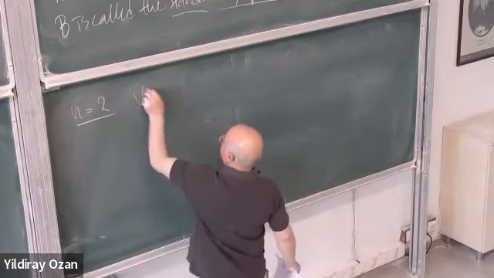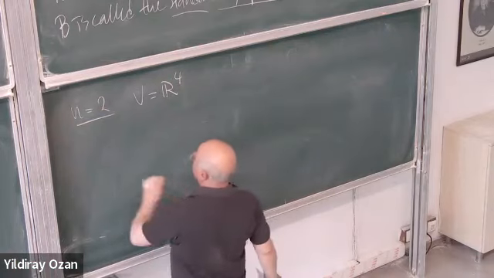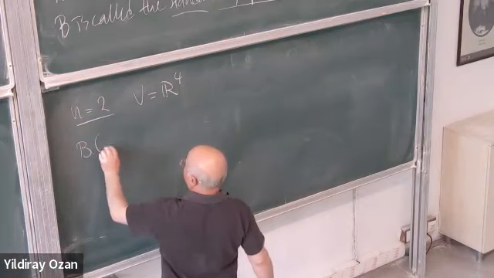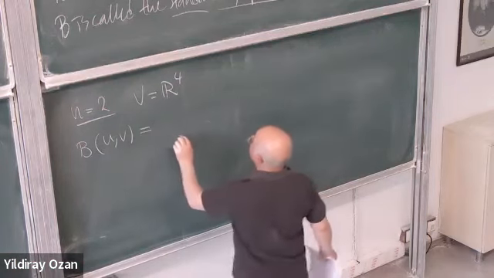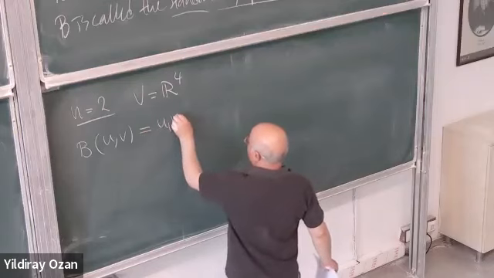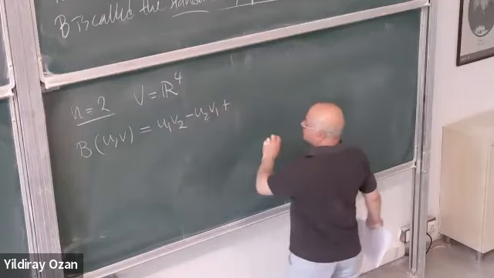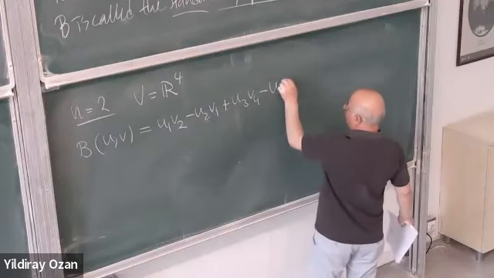Then this is just R4, okay? So B of UV, so two vectors in R4, this is just U1 V2 minus U2 V1 plus U3 V4 minus U4 V3.